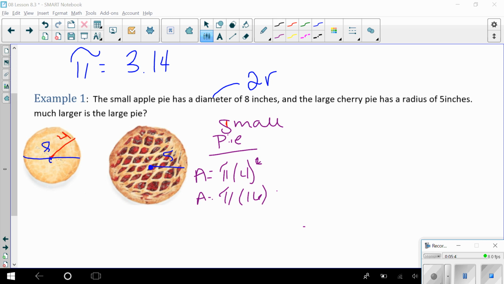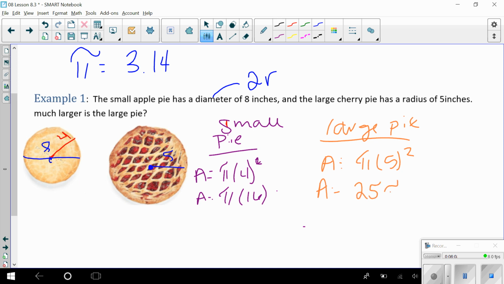If we wanted an actual number, we could compute it. But we're going to end up with pi in both of these answers. So for now, we're just going to leave it there. In the large apple pie, the area is pi times the radius, which in this case is 5 squared. So the area is 25 pi.